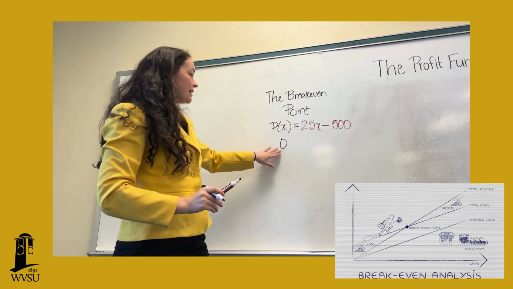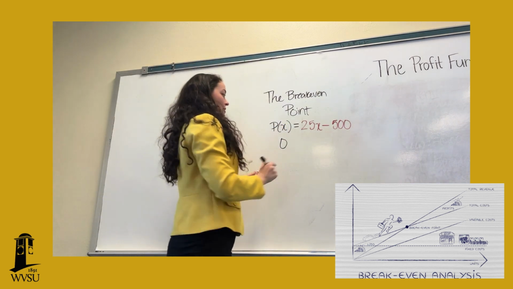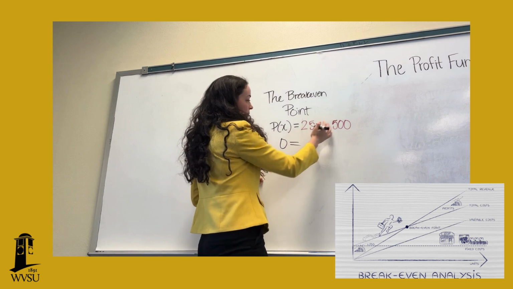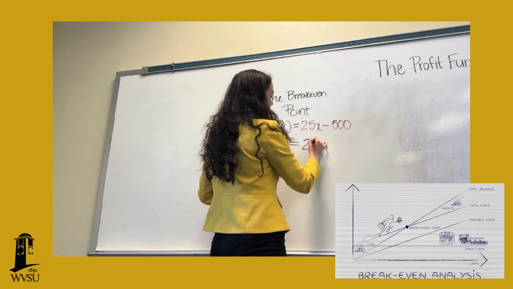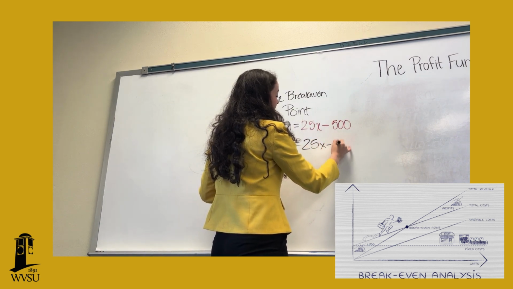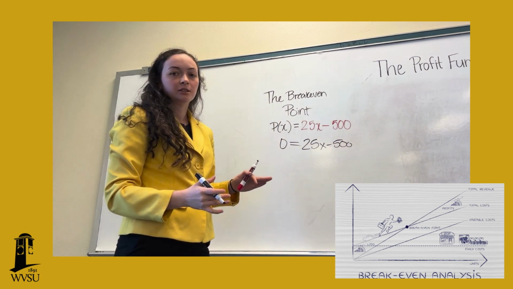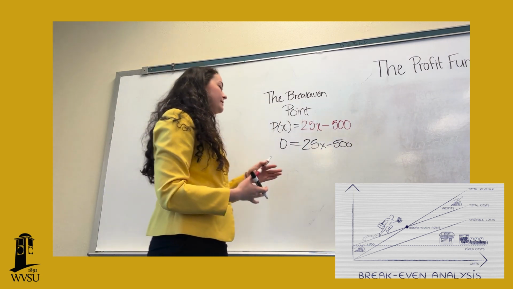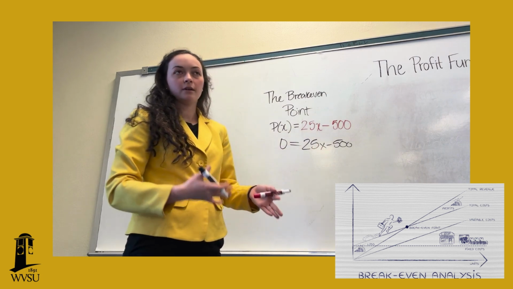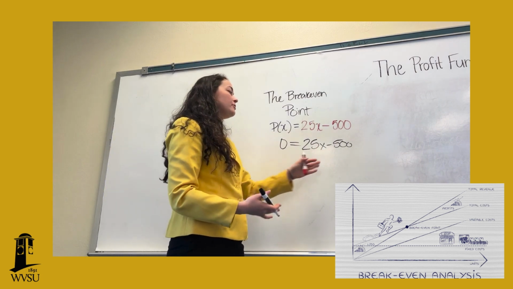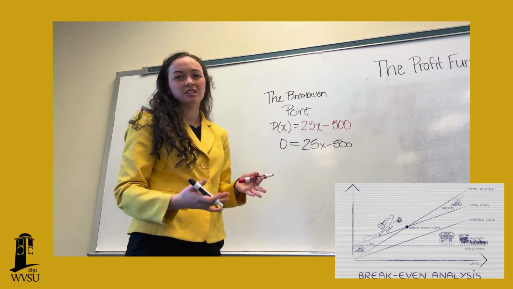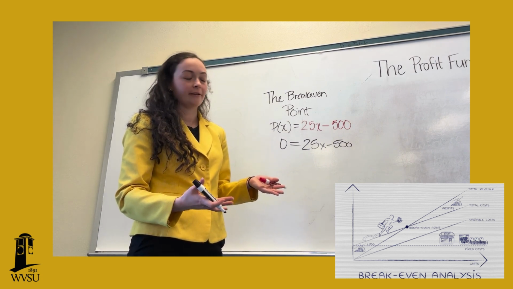So that's why we set this exactly to 0. We can take our function that we've found, 25x minus 500, and then we're just going to solve for x algebraically. Now remember, we might be dealing with months or days or some other unit when we're talking about x. It's just an unknown amount of time that has passed.